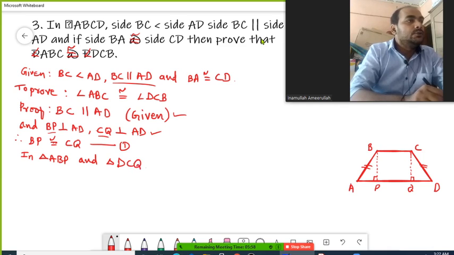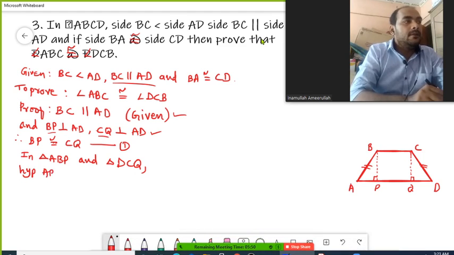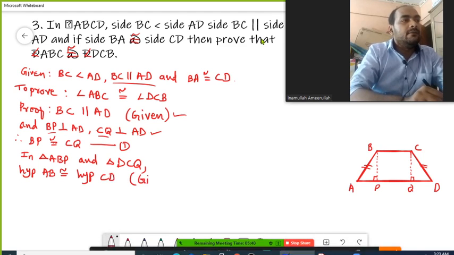In these two triangles, first, hypotenuse AB is congruent with hypotenuse CD, and this is already given.